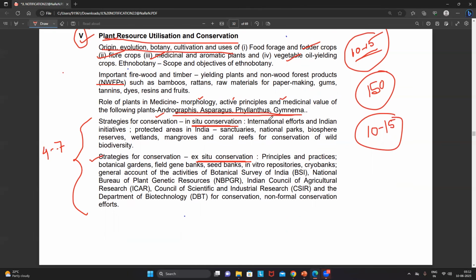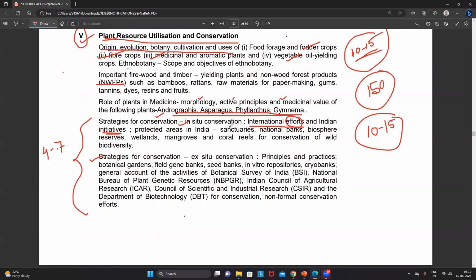So now in the in situ conservation, what do you have to read? In the syllabus, they have very specially mentioned what the international efforts for protecting in situ conservation are, and what the Indian efforts are also. So you have to read international efforts and the Indian initiatives.